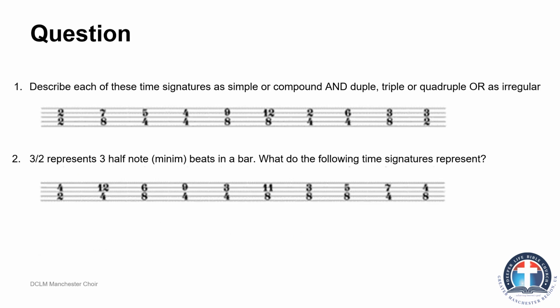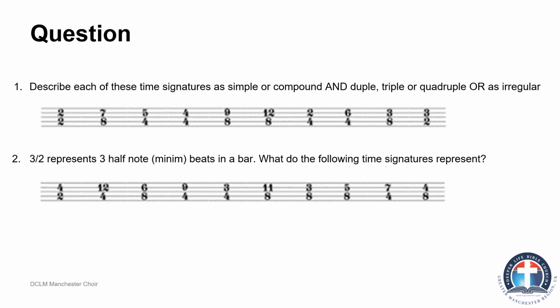So that brings us to the end of the lesson itself. Let's go through a few questions and see how you fare. Describe each of these time signatures as either simple or compound, and duple, triple, or quadruple, or as irregular.